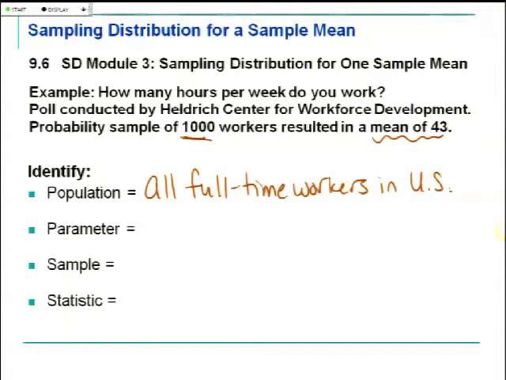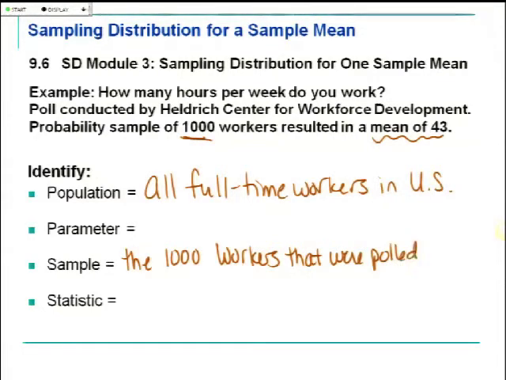And that sample consists of then how many? 1,000 workers that were surveyed or polled, and whatever their responses were. That's our sample. I have x1, x2, all the way up to x1000. All of those values were recorded.